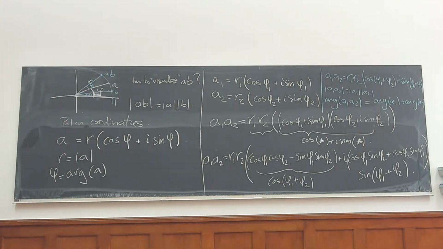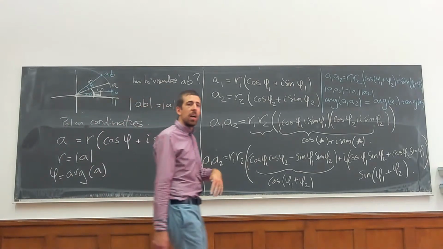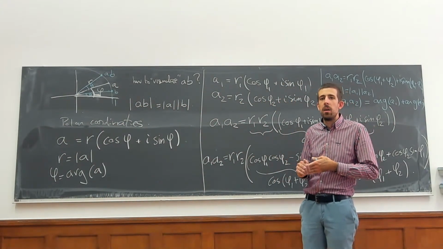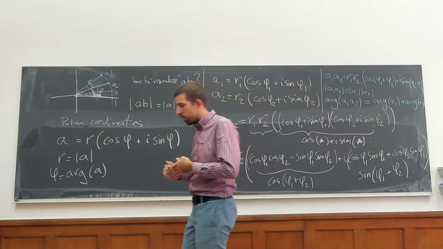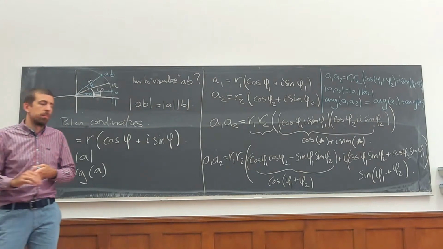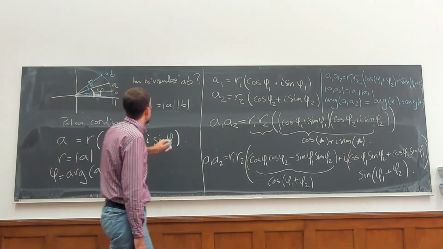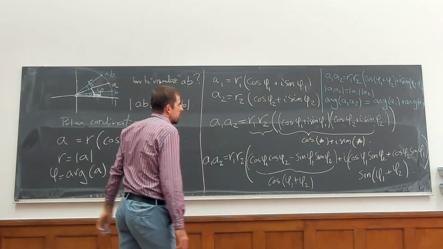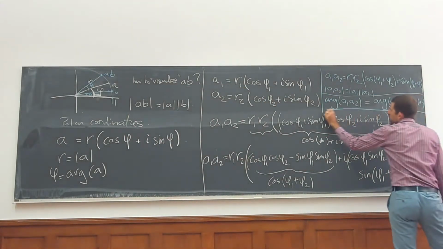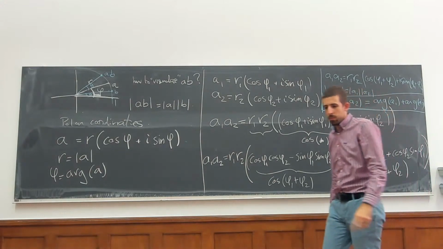Right? And so we have a nice way of visualizing products. What they do is they multiply the norms and they add the angles.